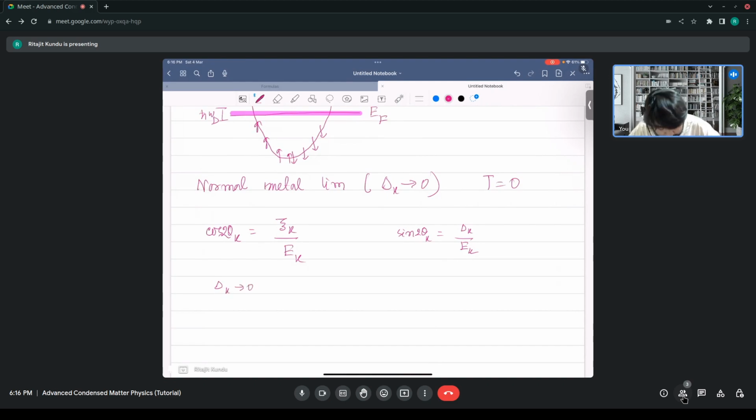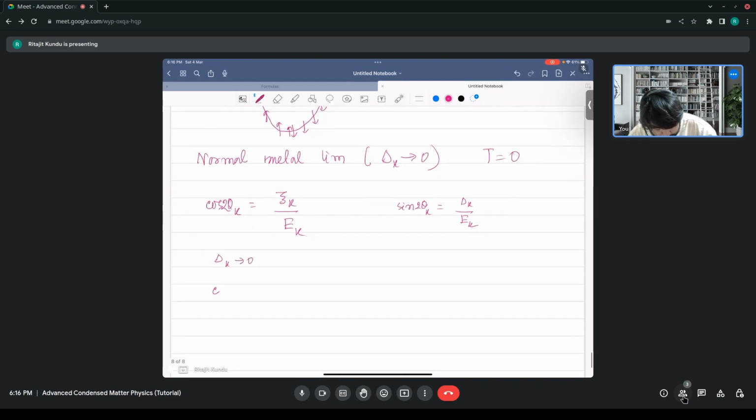So what will happen is, the cosine 2 theta k is just psi k by the square root of psi k square plus delta square. So this becomes psi k by mod psi k.